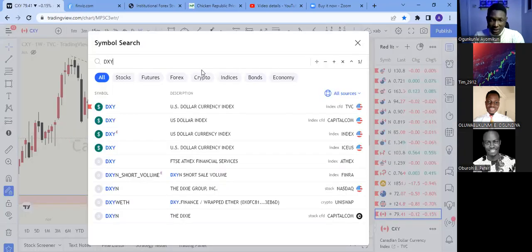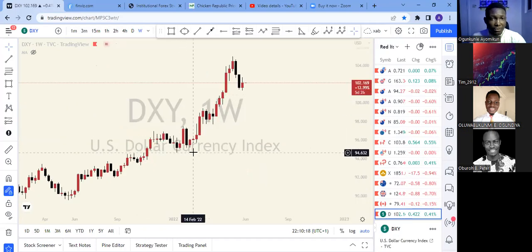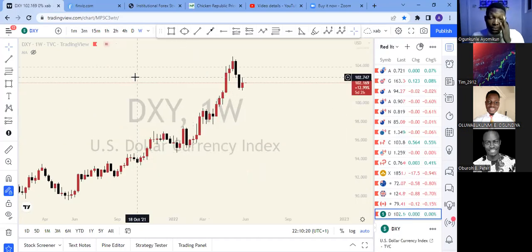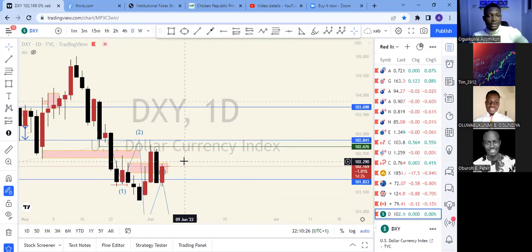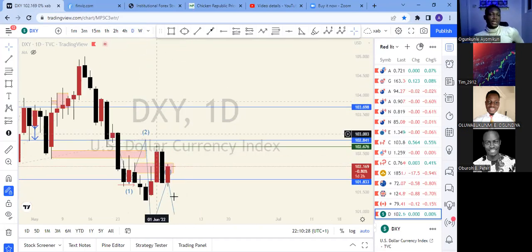Let's see DXY, the dollar index. Currently the dollar index has changed my bias a little bit, seeing how we've had a break above this previous high, and then we formed a higher low at this point.